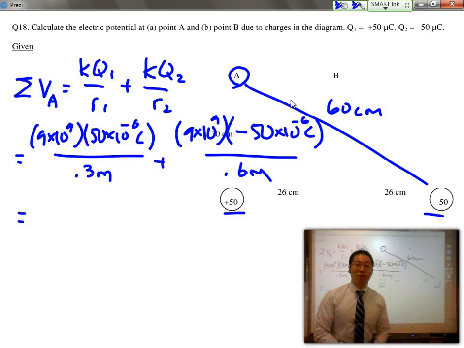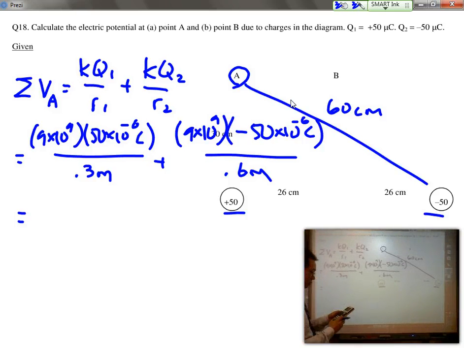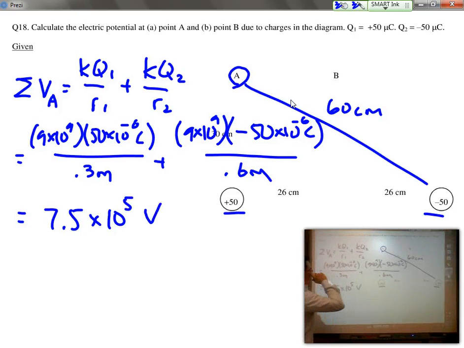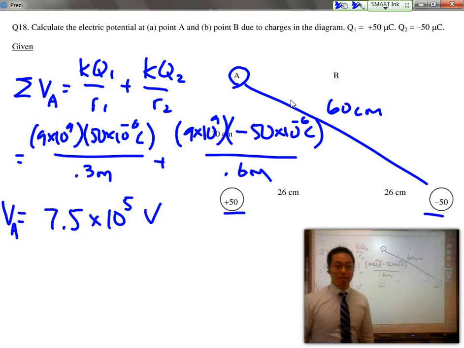In this case, my total electric potential created by the hill and the pit combined all together would equal 7.5 times 10 to the 5th volts. So this is the total electric potential at A.